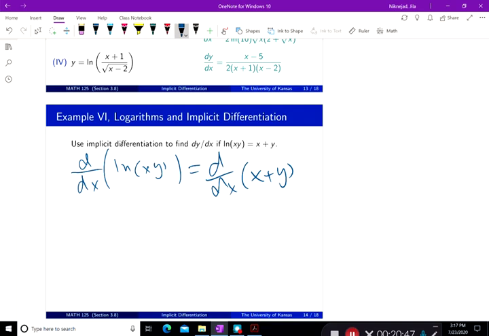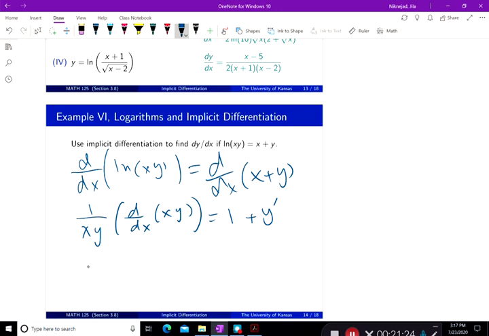This means natural log of u, which is a chain rule. Natural log of u times u prime, derivative of the left hand side is going to be that, and that's 1 over xy times derivative of xy, and derivative of x is going to be 1. Derivative of y with respect to x is y prime.